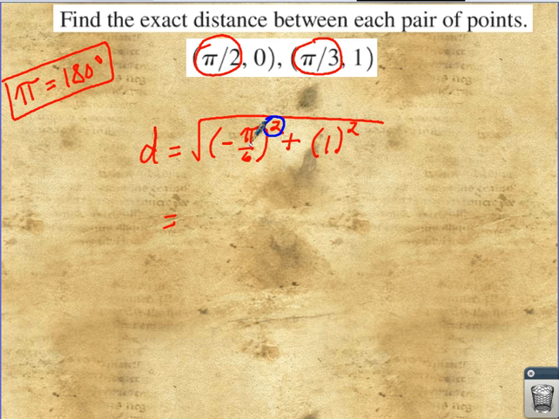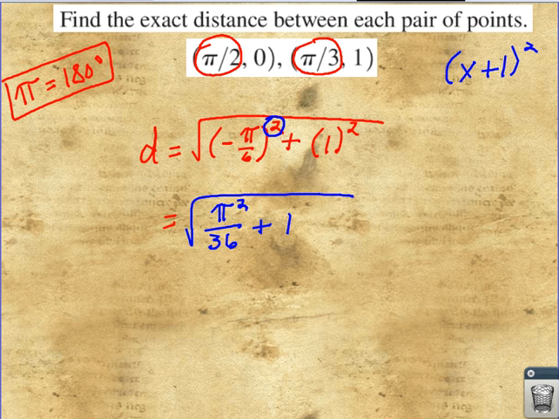Now the reason we can just square everything in parentheses, and some of you are still doing this, I noticed on your test. Guys, if there's 2 things in parentheses being added, you can't just square each one. Since there's no plus or minus signs here, all you have to do is go through, square the negative 1, square the pi, square the 6. You get the square root of pi squared over 36 plus 1 times 1.